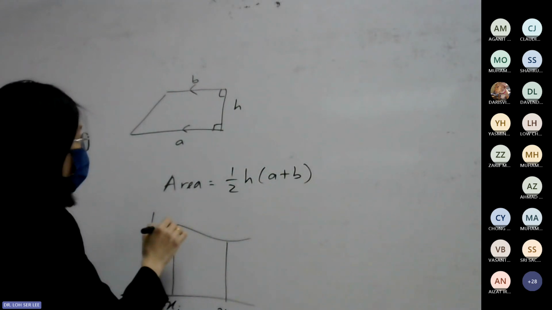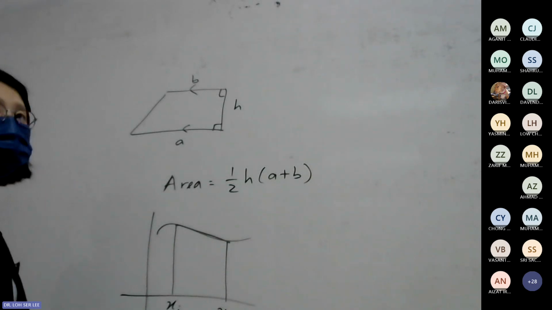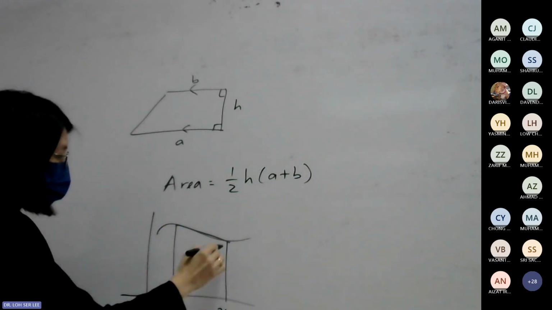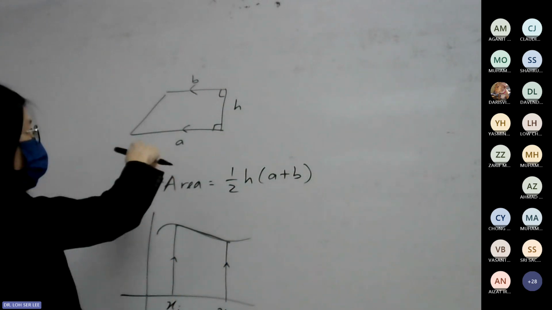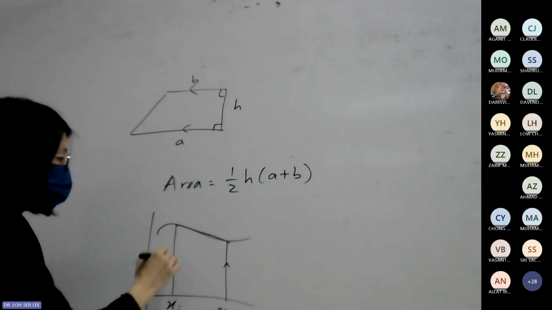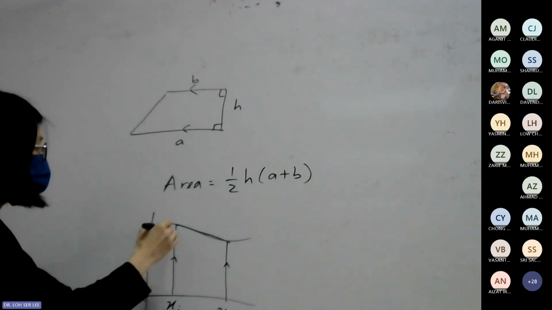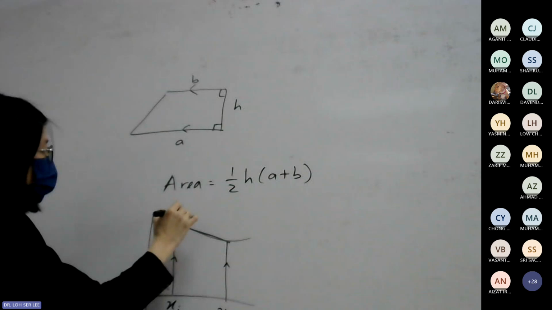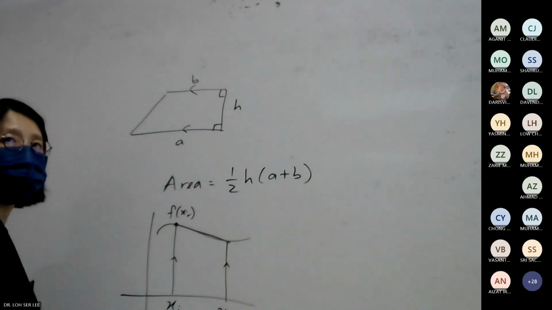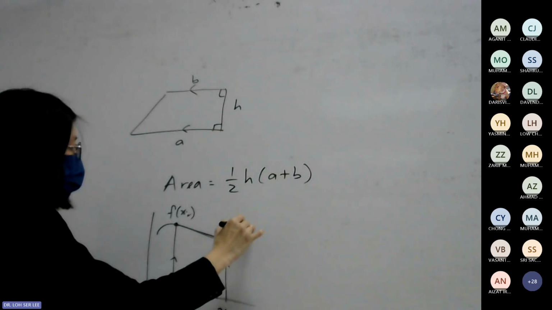Okay, we want to estimate this trapezoid. So these two are the parallel sides, the AB. So what is the length of this? What is the length of this one? The length of this is f(x_i plus 1).